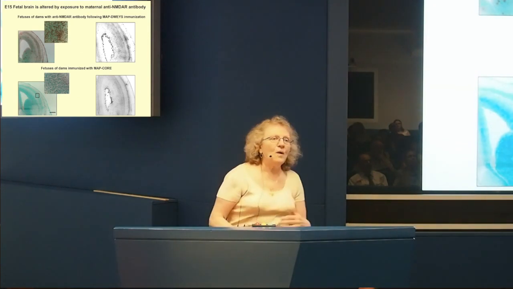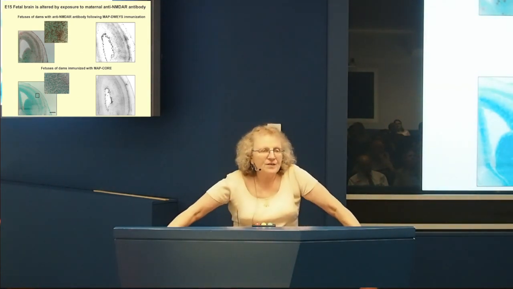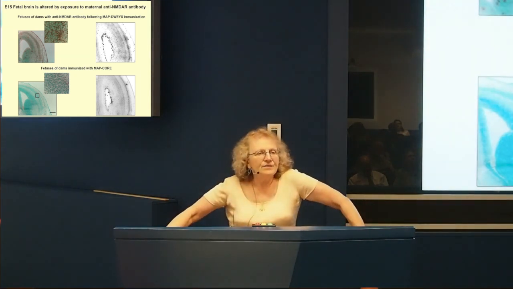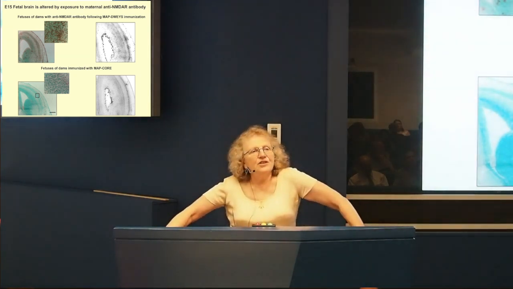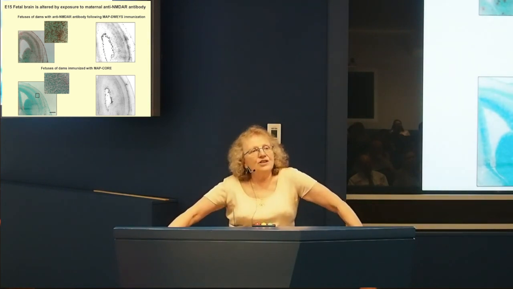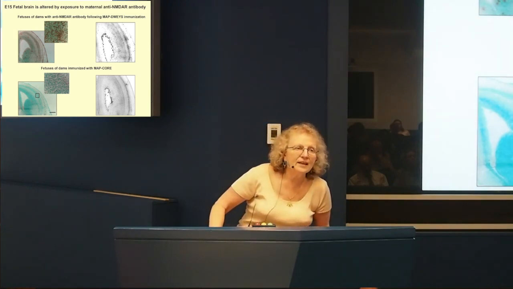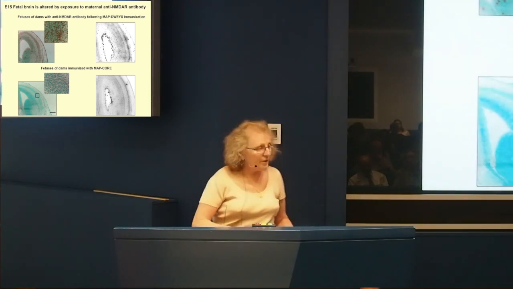And so what she did was immunize female mice. So they made high titers of these antibodies. She then allowed the mice to mate, and then she studied the fetal brains, and she studied the offspring after they were born.